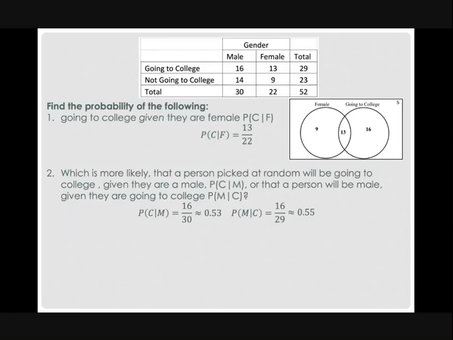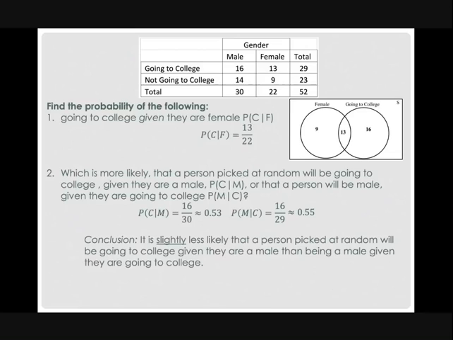Now, for male given college, the number of males going to college is 16. However, we compare that with those overall that go to college, which is 29. And that's approximately 0.55. So the conclusion: it is slightly less likely that a person picked at random will be going to college given that they are male than being a male given that they are going to college.